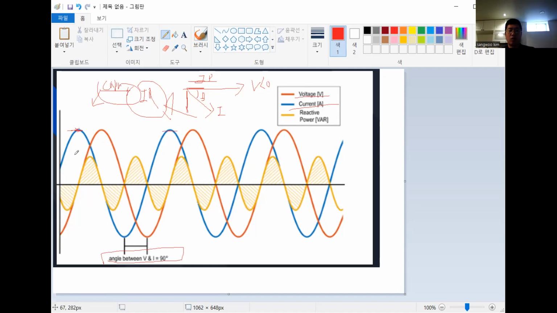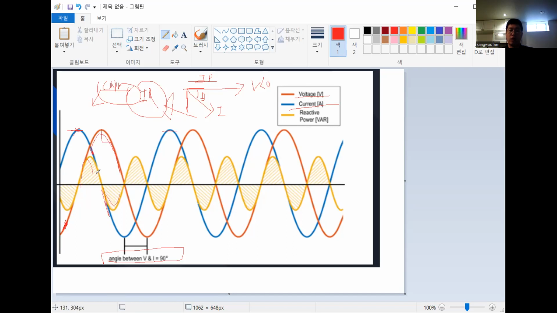Okay, so look at that. Here in VI, V is minus, right? I is plus. If we multiply, plus times minus is minus, right? And here I is also plus, and V is also plus, which means plus. And if V is plus, I starts minus, and so minus.